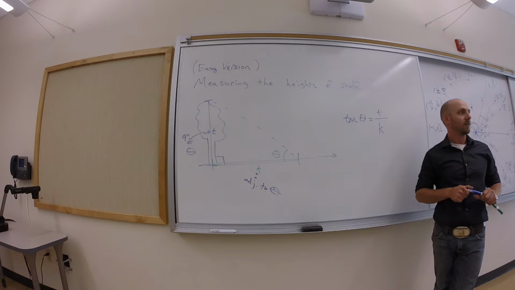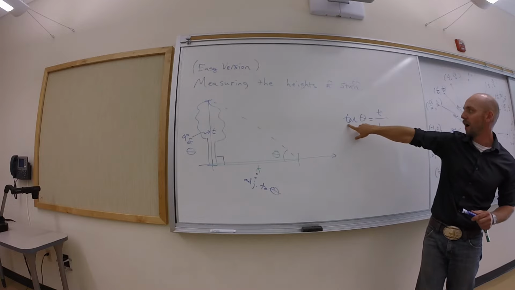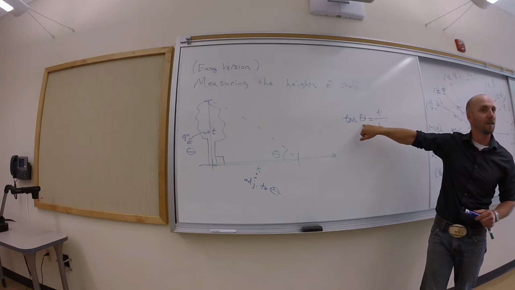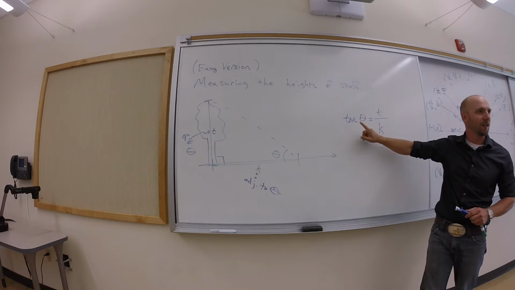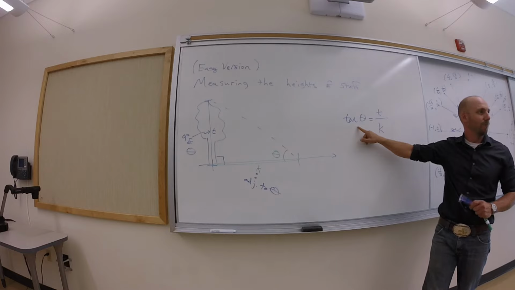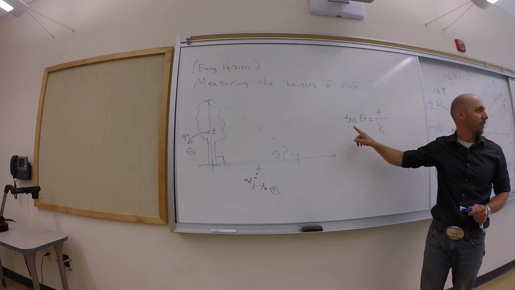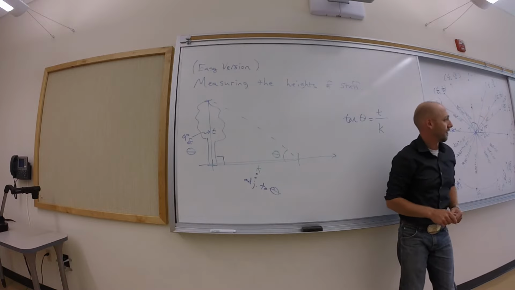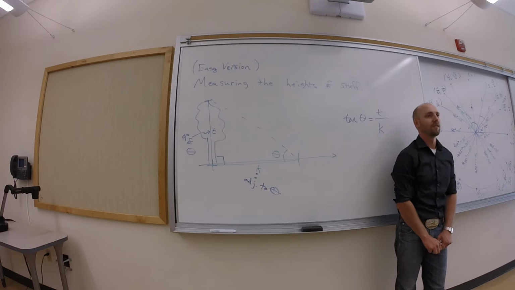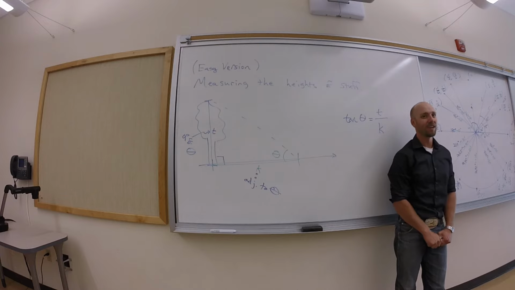You guys see that? So it's a calculator problem because I'm going to know this number, right? I'm going to put that number in. I'm going to make sure that my calculator's in a reasonable mode, right? And then I'm going to hit the tangent button. Good question. So do you have to be in radians or degrees for this? It doesn't matter, but whatever mode your calculator's in has to agree with whatever mode you measured the angle in.